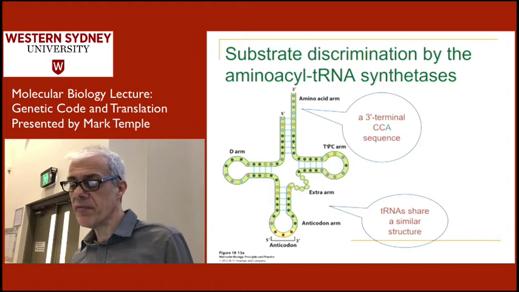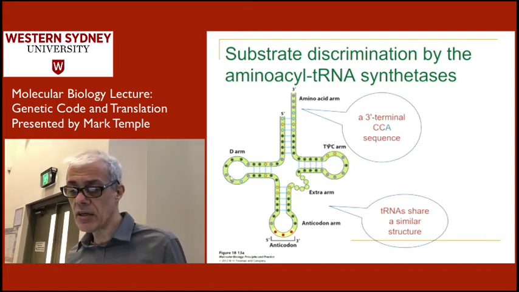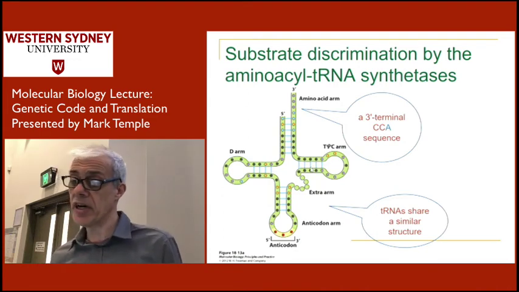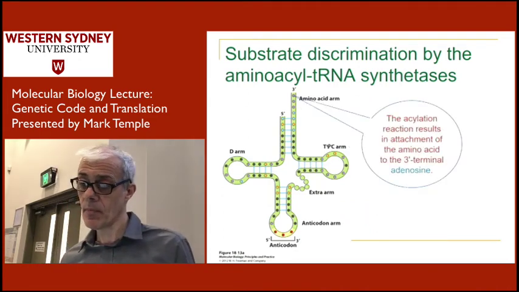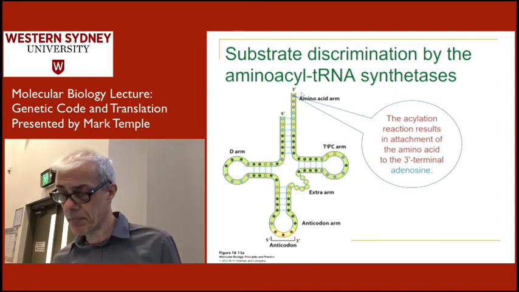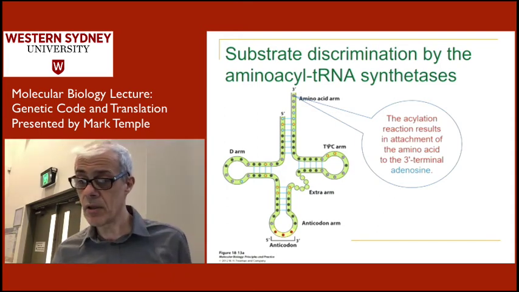I think the black ones are invariant between different transfer RNAs, and the ones that are color-coded are different between transfer RNAs, and they're involved in binding to the correct tRNA synthetase. And then effectively we get the attachment of the amino acid on the 3' end of the tRNA.